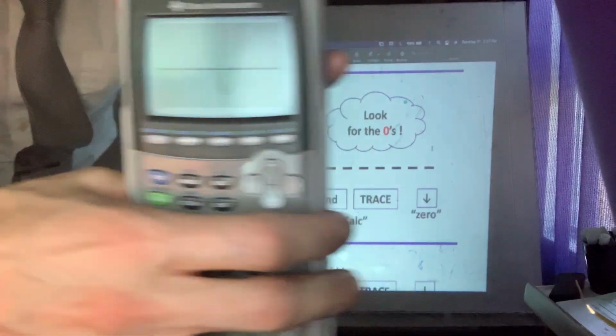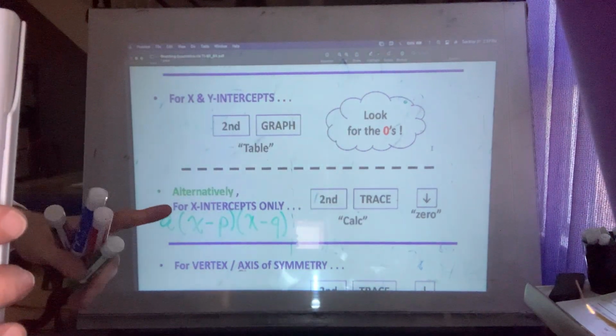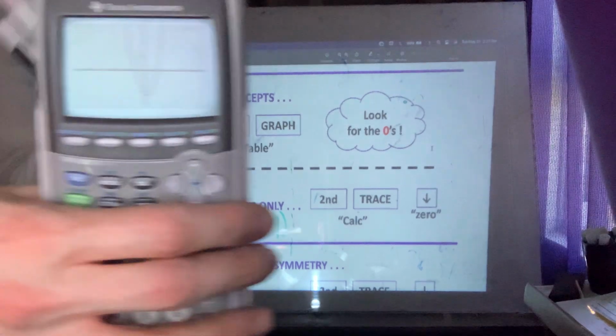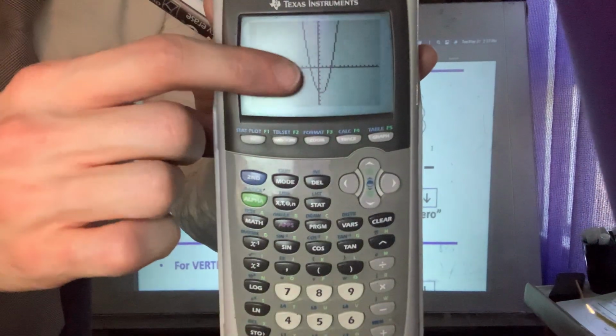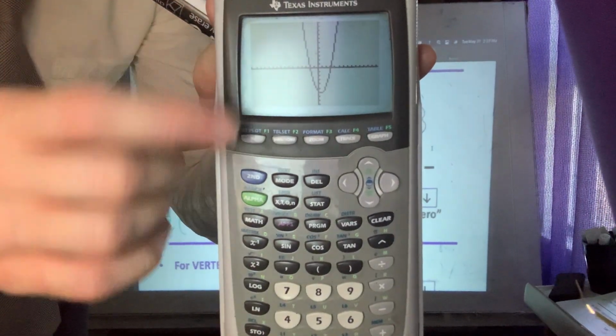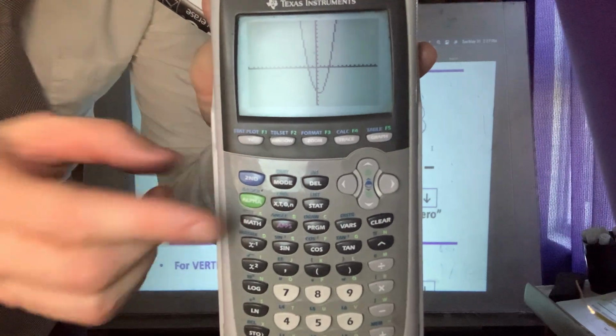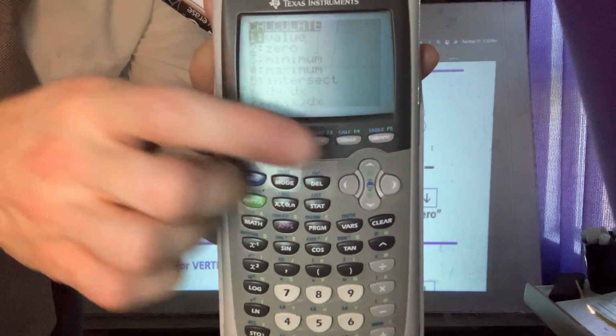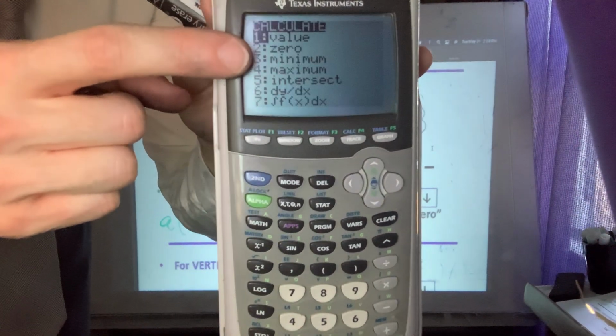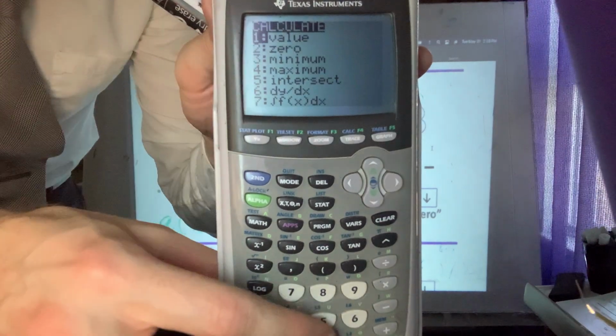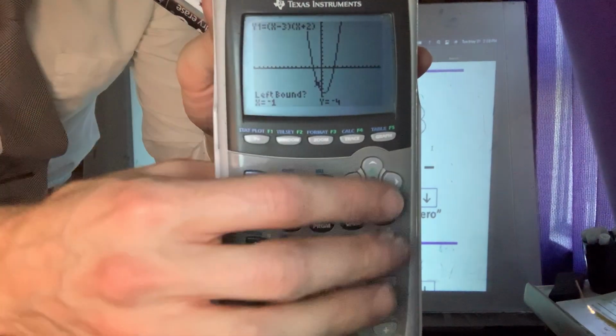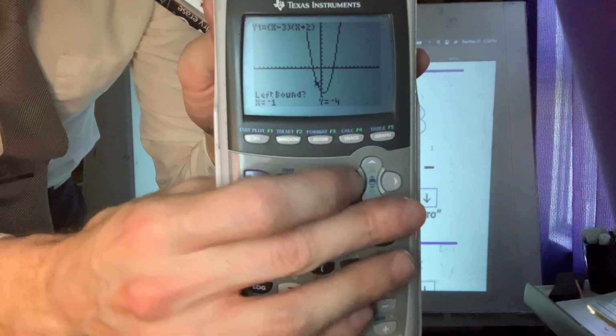Now again, to prove a point, if you wanted your calculator to give you this much information, you could make a prediction based upon what you're seeing here, where you could have it tell you, right? Say you hit second and then trace to go straight for the calc features. Say choose option 2, zero. Again, you have to move the cursor around to tell it where to look.